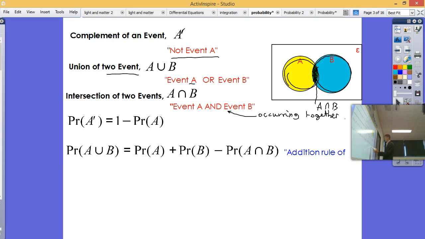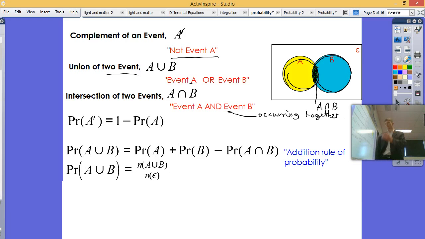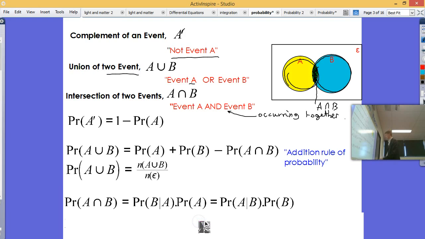We call that the addition rule of probability. And it can also be thought about in terms of counting outcomes. So if I add up all the outcomes of A or B occurring, then divide by the sample space, I get the same value for the probability. It's important to be able to think about both ways of doing it.